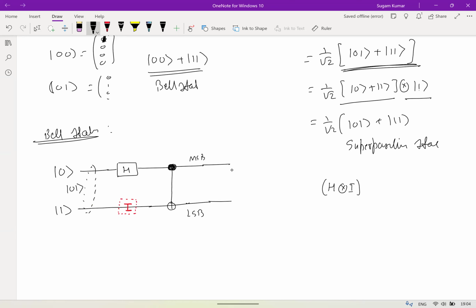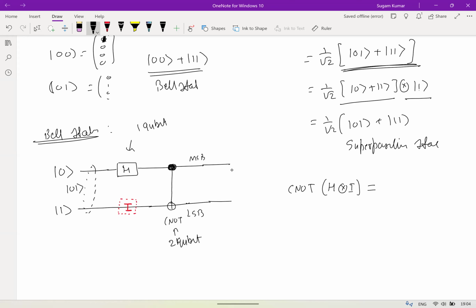And here you're going to have a CNOT. Be careful that H is a 1 qubit gate, and the CNOT is a 2 qubit gate, so they can't multiply through a tensor product. In this case, H and I we can combine, and can somebody find what value you're going to have here?